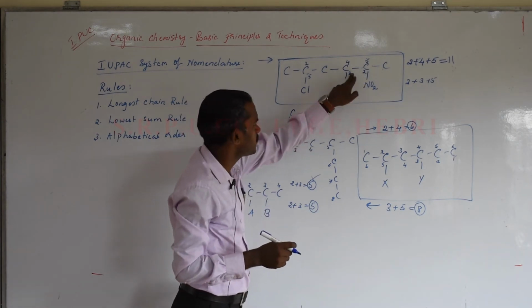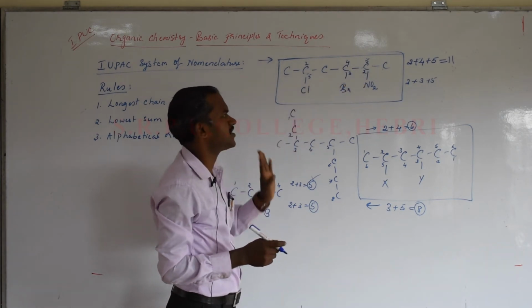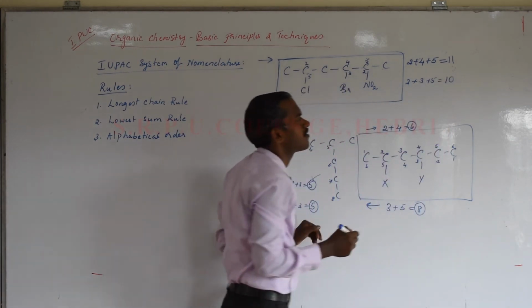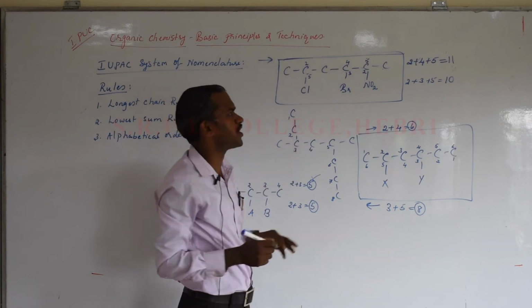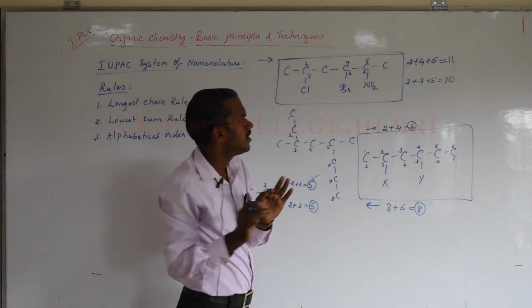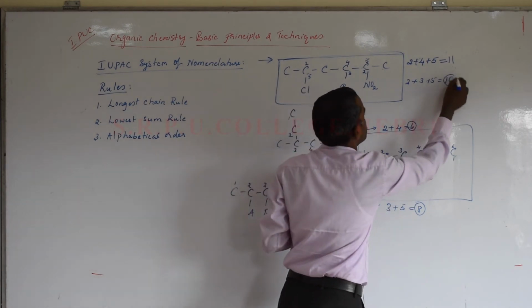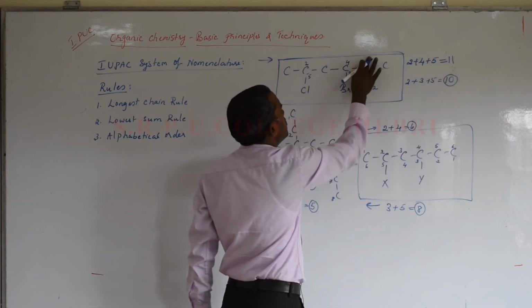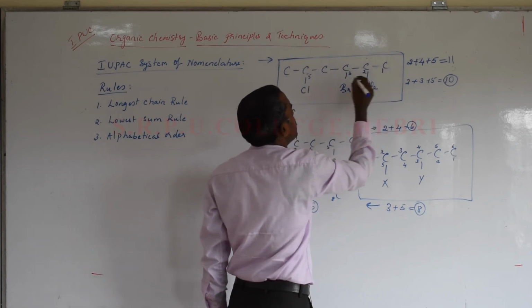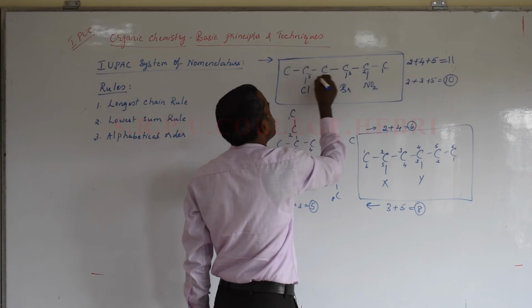Second position, third position and fifth position having a substituent. So 2 plus 3 plus 5 becomes 10. So the second rule, the lowest sum rule, is applicable. The lowest sum here is 10. So you must number it from right to left only, not left to right. So this is the first carbon atom, second, third, fourth, fifth and sixth.